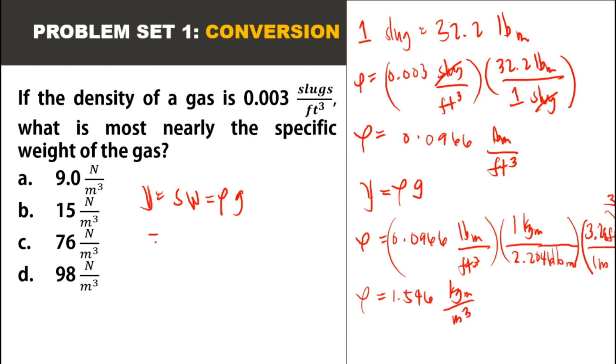We have 1.546 kilogram mass per cubic meter times the acceleration due to gravity, that is 9.80665 meters per second squared.